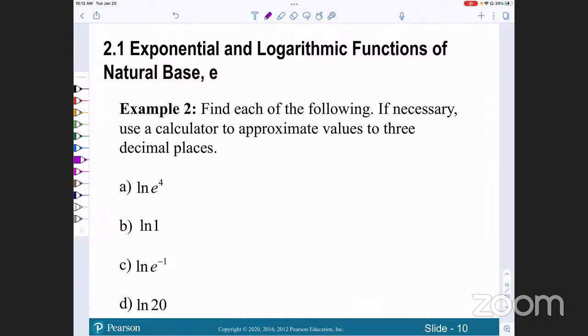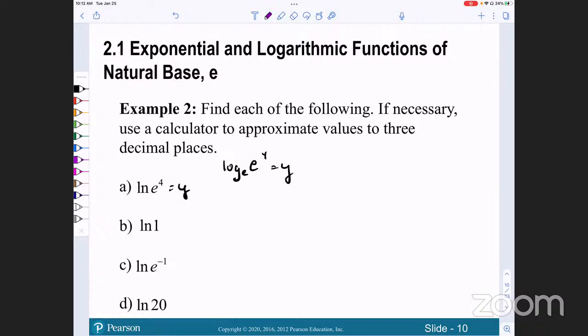We're asked to find each of the following. If necessary, use a calculator to approximate values to 3 decimal places. Let me do this one like this. We could set it equal to y. So then what we really have is log base e of e to the power 4 equals y.